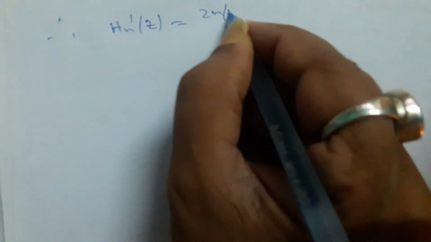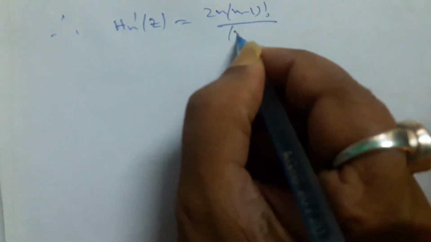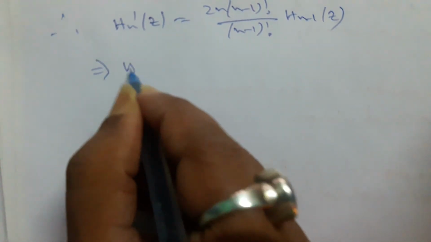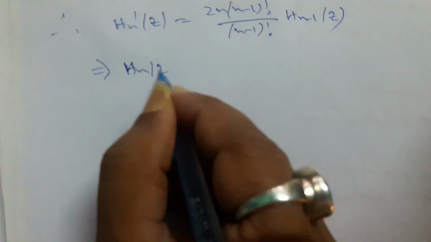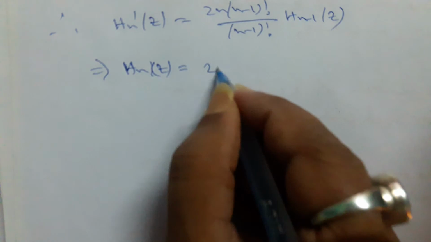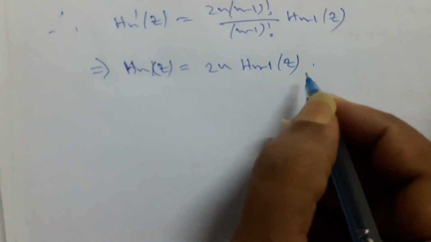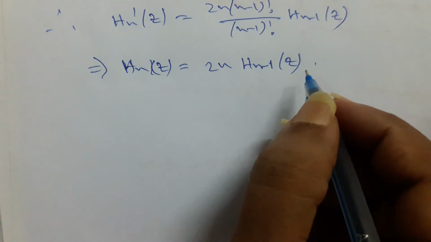Therefore, H'n(z) equals 2n into n minus 1 factorial by n minus 1 factorial into Hn minus 1(z). We rewrite this equation once more: H'n(z), these two terms will cancel, 2n into Hn minus 1(z). Then finally we prove this result.